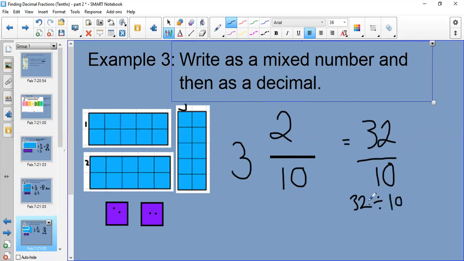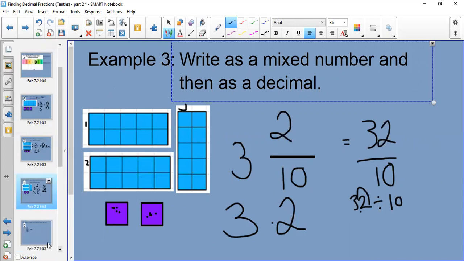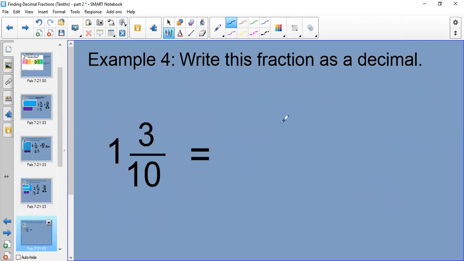So my decimal point needs to move back one space in between the 3 and the 2 to become 3.2. And I know that I'm definitely right because I've got 3 whole parts of 10 here and 2 tenths. Okay, 2 tenths, 3.2.